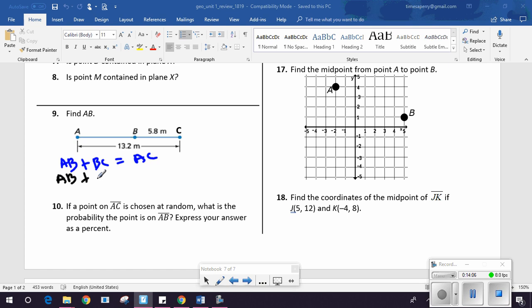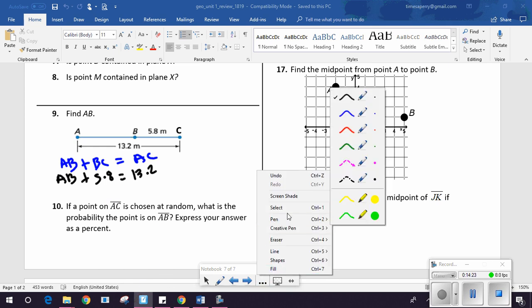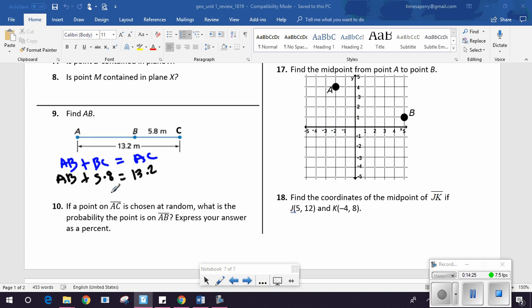We know that BC is 5.8, and we know AC is 13.2. Now we're going to subtract 5.8 from both sides to get AB by itself, which is what we're looking for. So that would be 7.4.